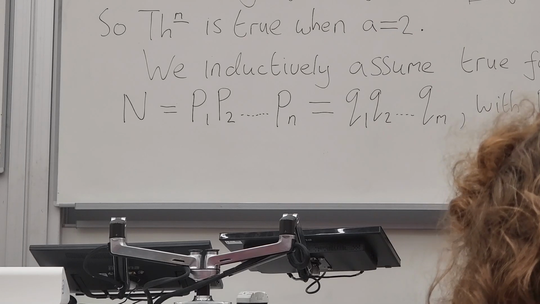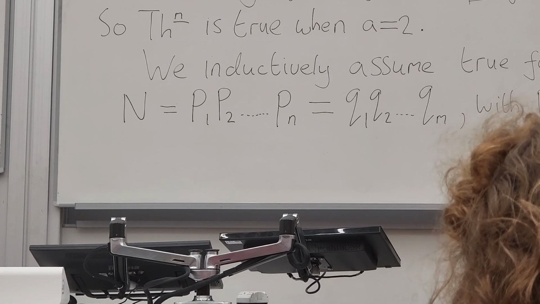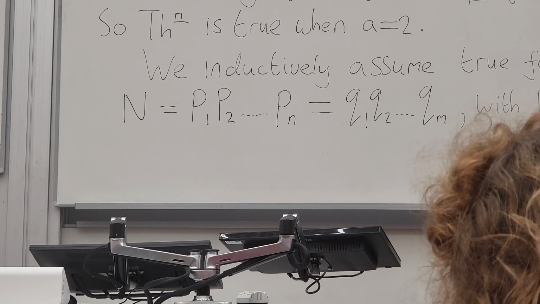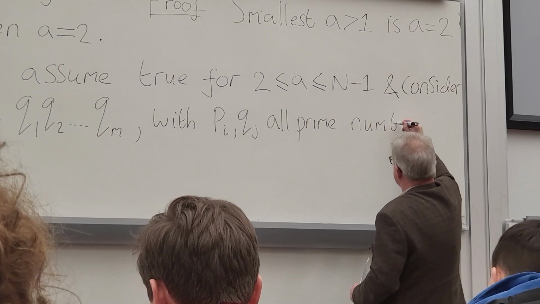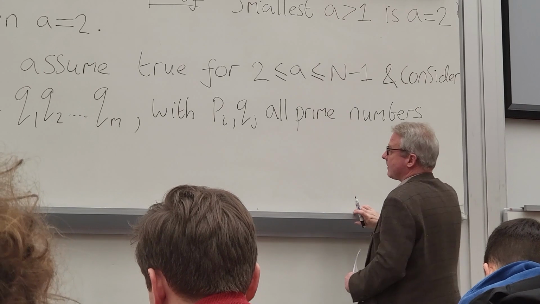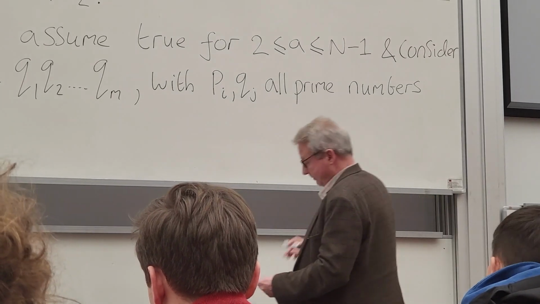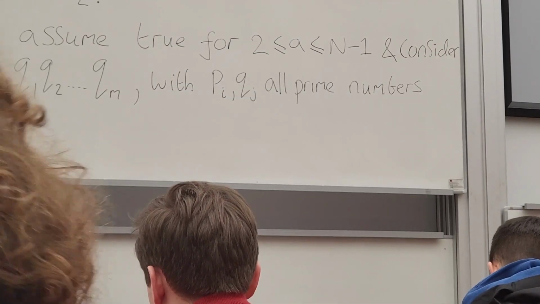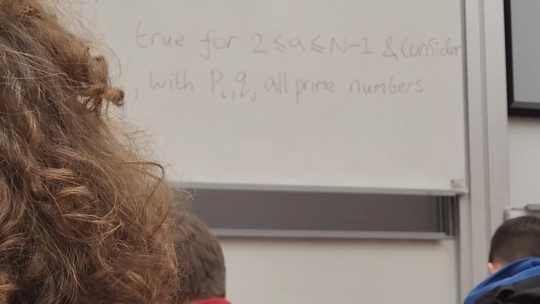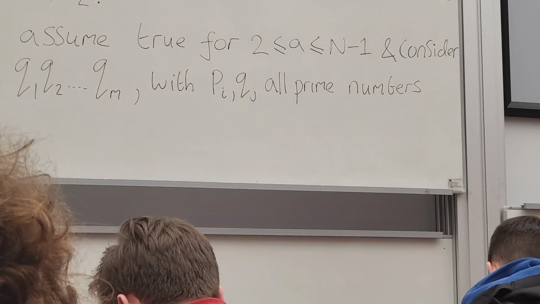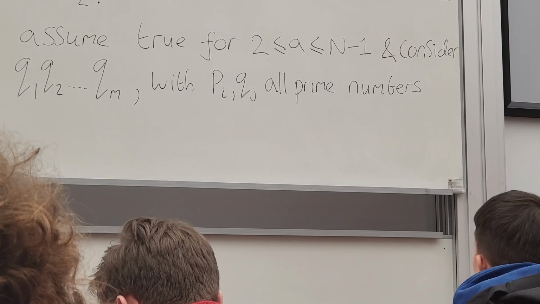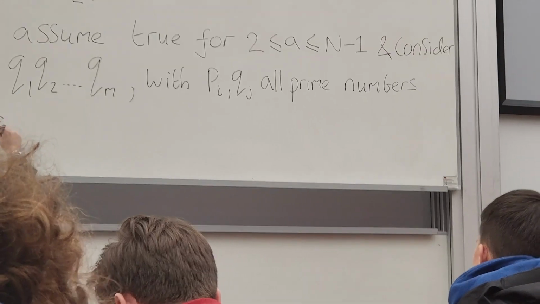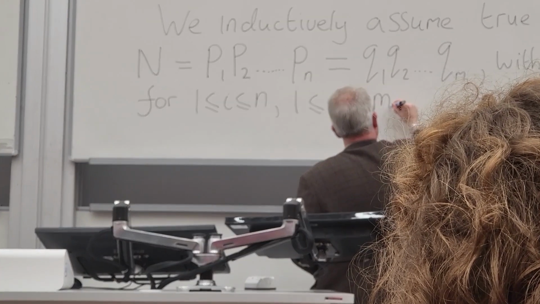So we're going to assume that P's and Q's are all prime numbers. So we better state that it's for all 1 less than or equal to i less than or equal to n, 1 less than or equal to j less than or equal to m.